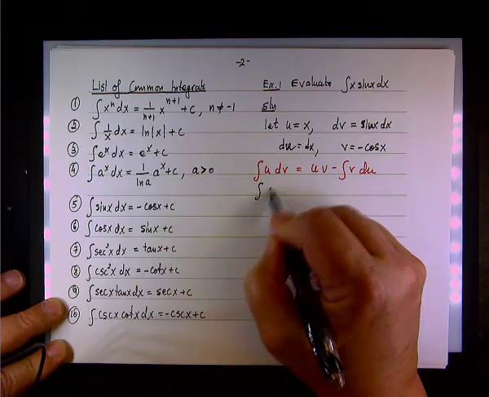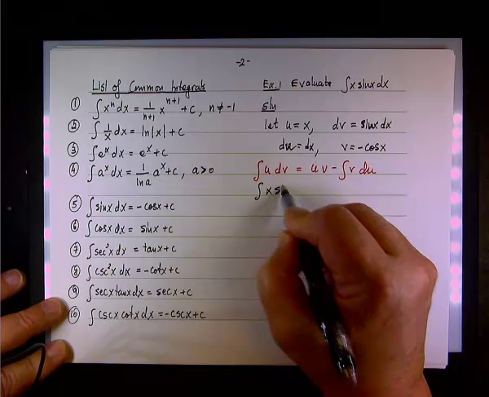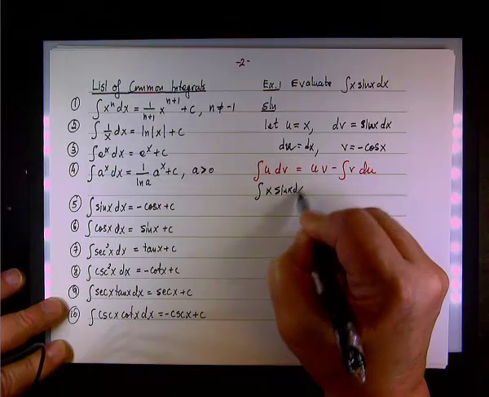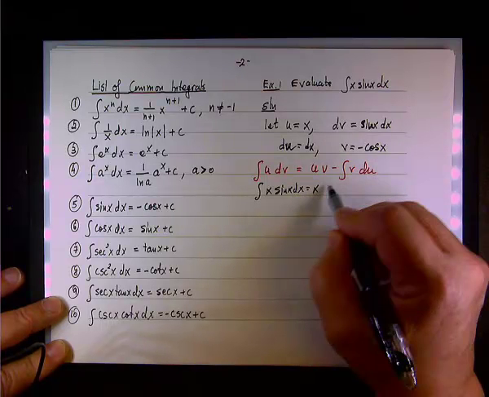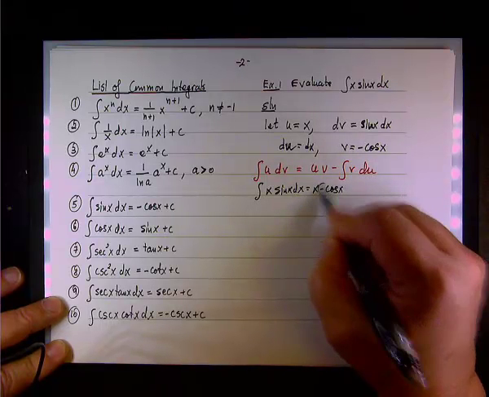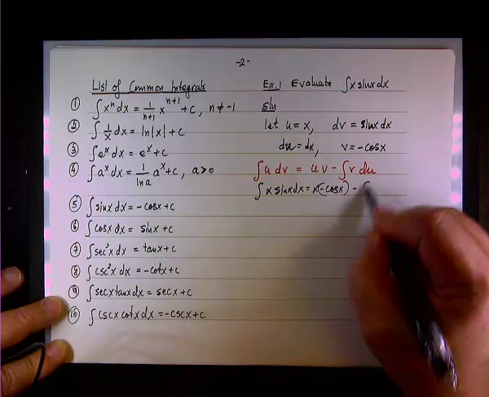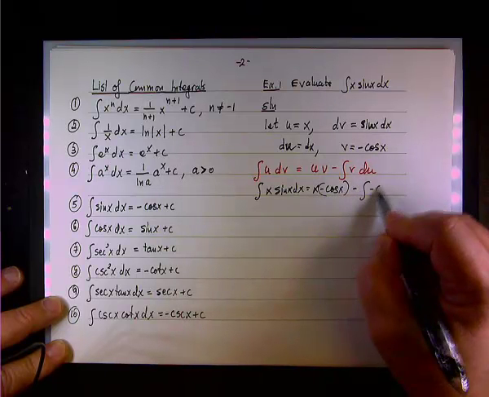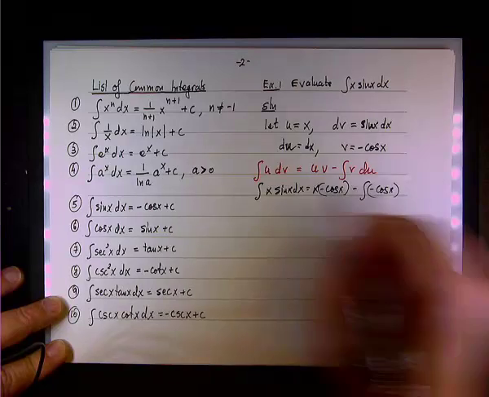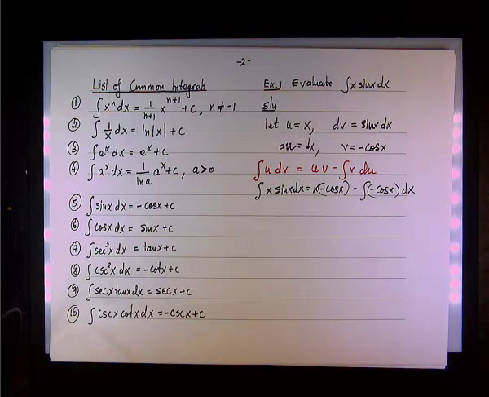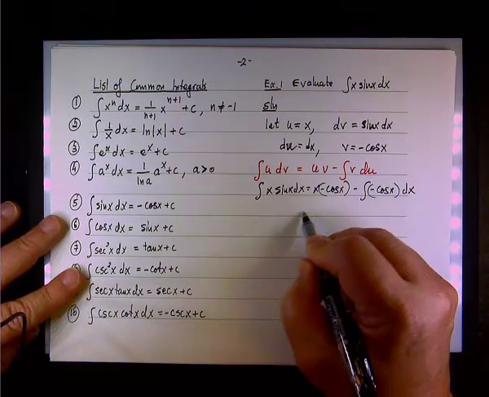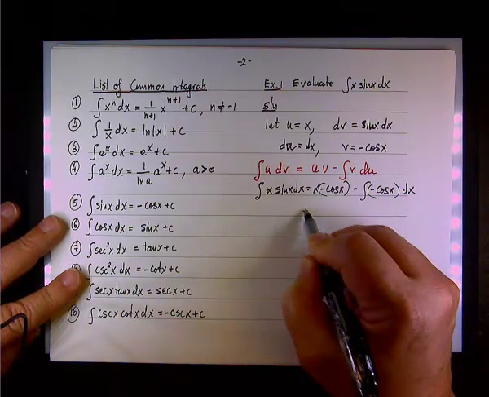All right, so this is in black now. u is x, dv is sine x dx. So this is the given function. u times v is x times negative cosine x minus the integral of v, which is negative cosine x, and the du is dx.